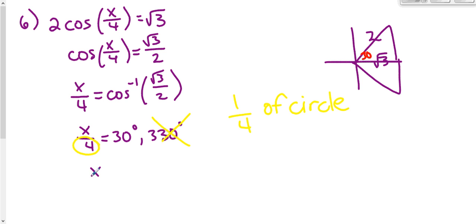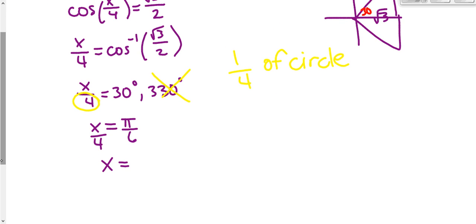If you want to, now you can convert to radians. X over 4 is equal to pi over 6. And now multiply by 4, and you get 4 pi over 6, which is 2 pi over 3. So you see that if you were to take the previous answer, 330, and multiply it by 4, you get something that's way beyond the limits of the interval we were given.